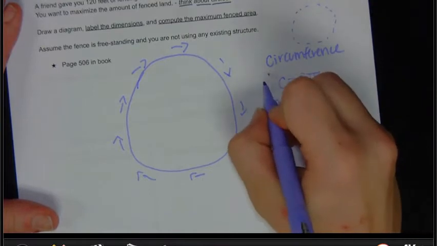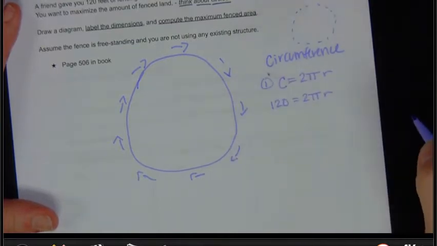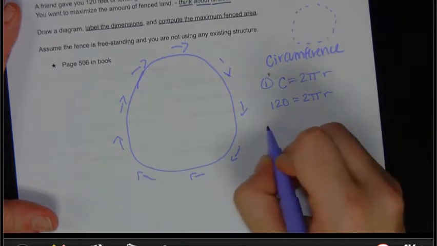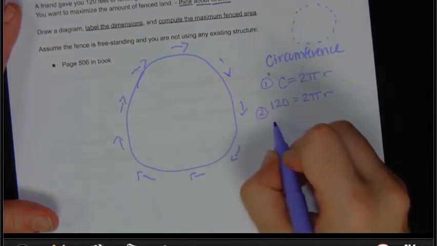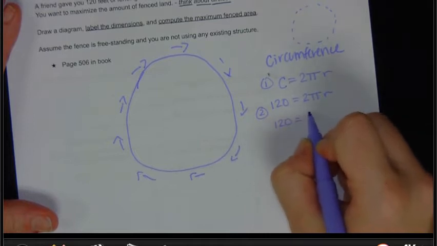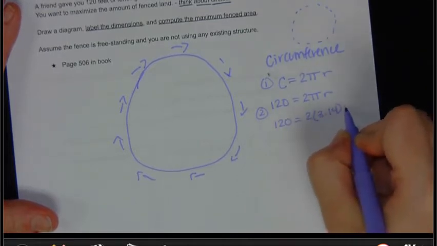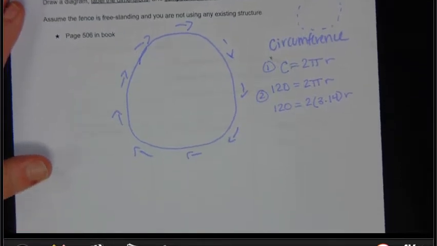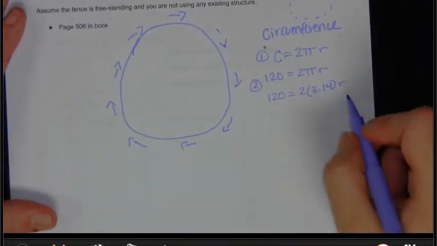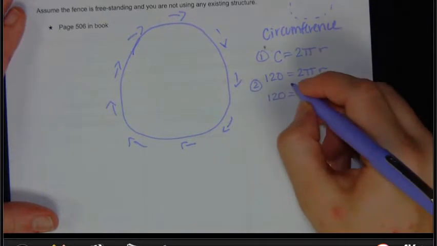Remember, my first step is to write my equation. My second step is to plug in my numbers, and I'm going to change pi to 3.14 times r. Now my goal is to solve for r.